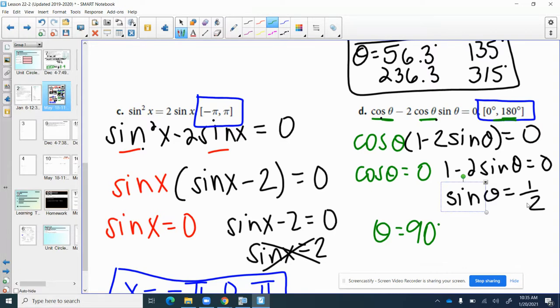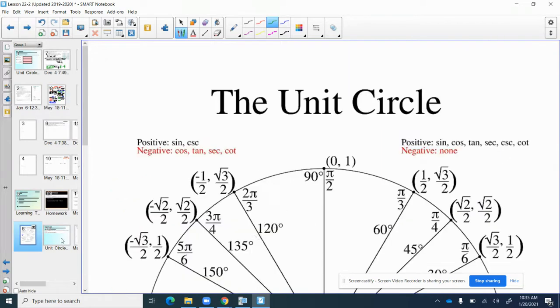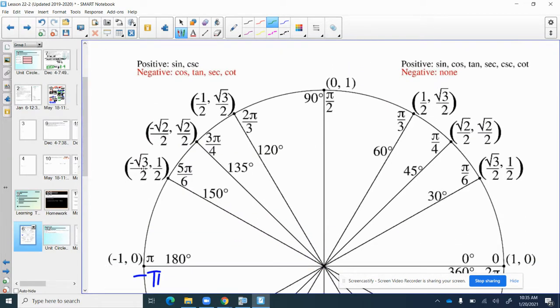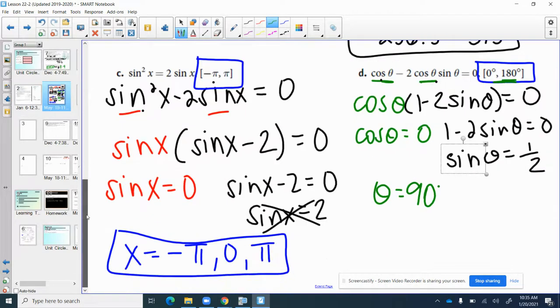And then for sine equaling 1/2, this restriction actually really doesn't bother us too much because sine is positive 1/2 at 30 and 150, which are both within our 0 to 180 limitation. Okay, so second piece would be 30 degrees and 150 degrees as your final answer.